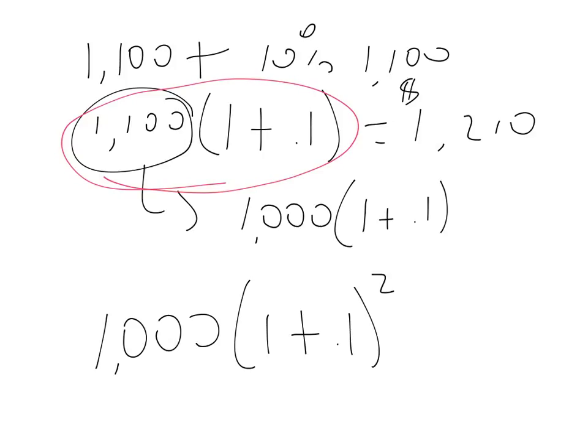Now notice something. Principal times 1 plus the interest rate squared. And what's the significance of that number 2? Well, we've held the money for 2 years.